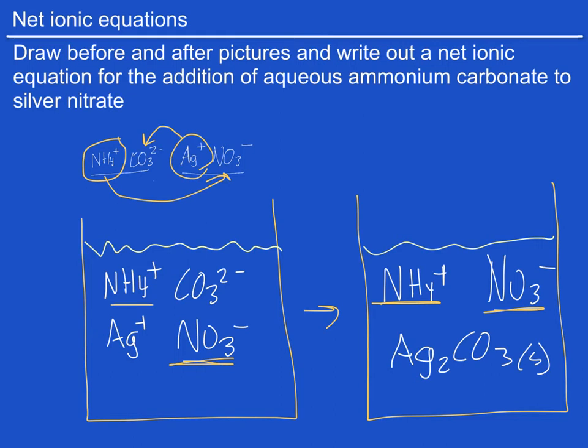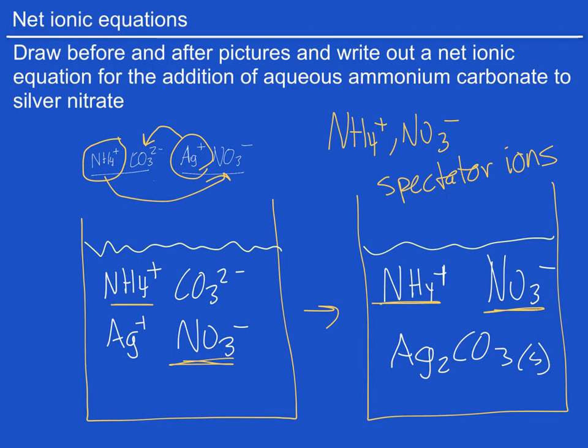So these right here, ammonium and nitrate, are called spectator ions. In both cases, they're simply existing as ions in the solution, and they're watching the reaction occur, hence the spectator.